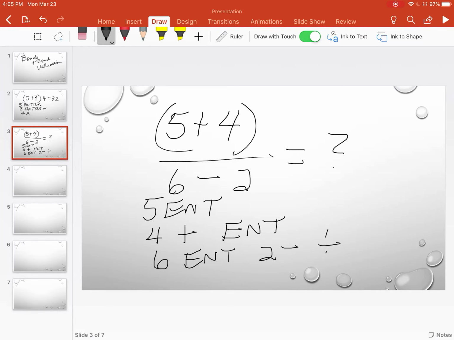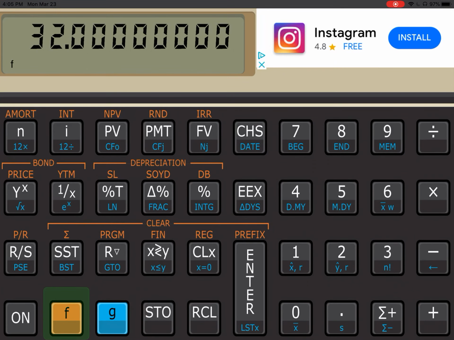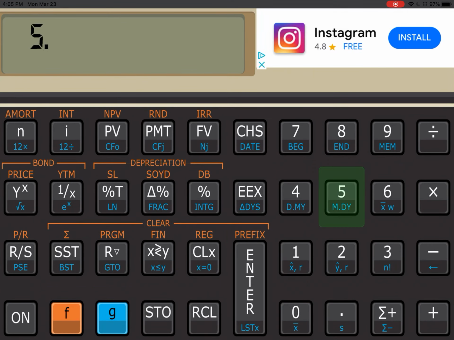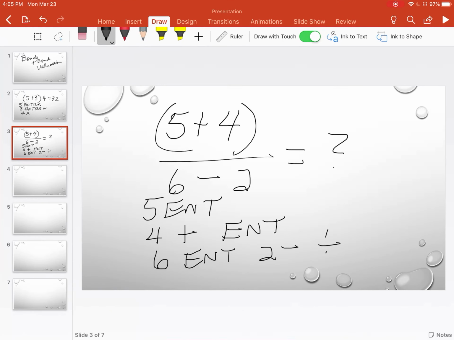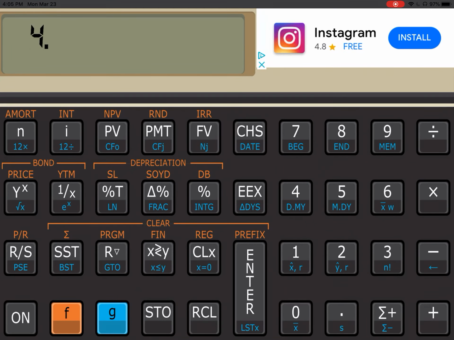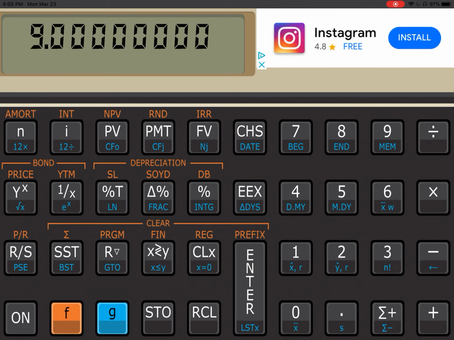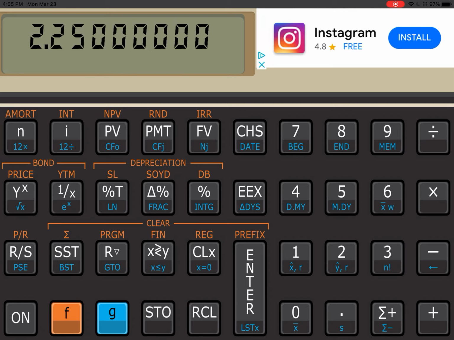So 5 plus 4, 6 minus 2 with the calculator. Again, 5, enter, 4. What was the problem? 5 plus 4 is 9, and then enter, and then 6, enter, 2, minus, divided by is 2 and 2/4, 2 and a quarter.